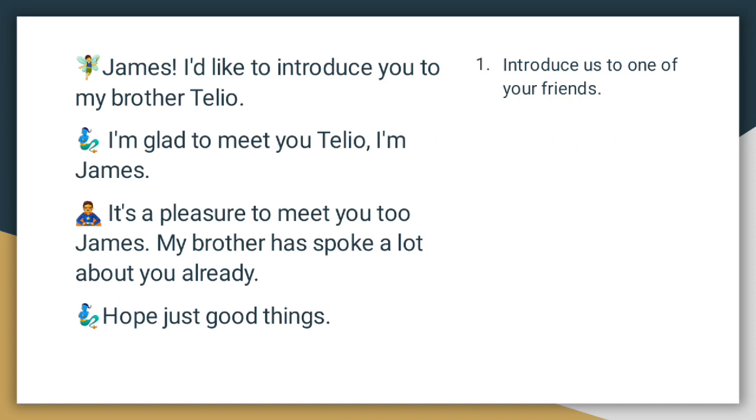So this is the second example. The expression used here was, I'd like to introduce you to. So this is how we should introduce other people.